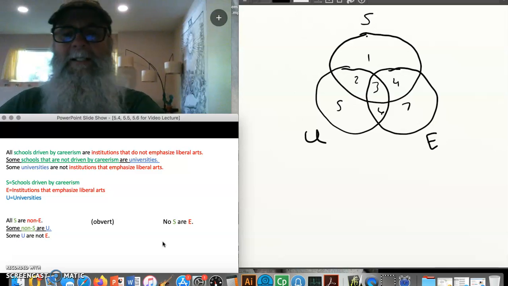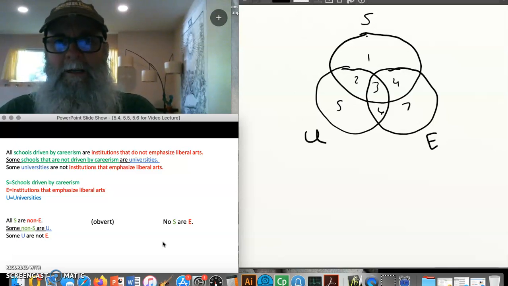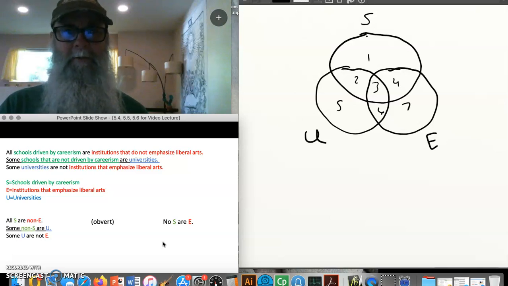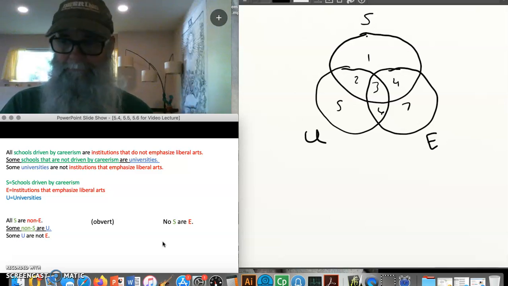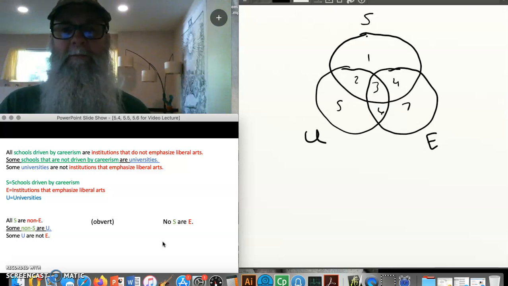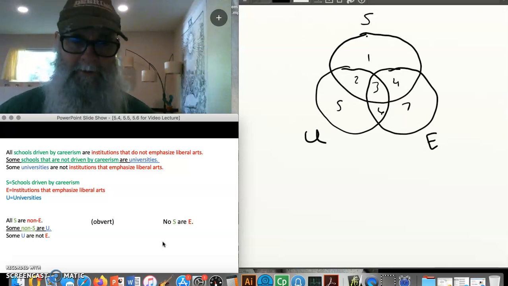Now the second premise is trickier, because I recognize that if I convert, obvert, or contrapose that, I'm not going to get rid of that non-S. You could pause the video and play around with each one of those rules and see that every time you convert it or if you obvert it, you're only going to either keep the same problem or create more problems for yourself.